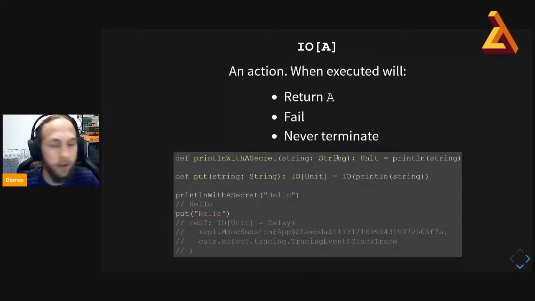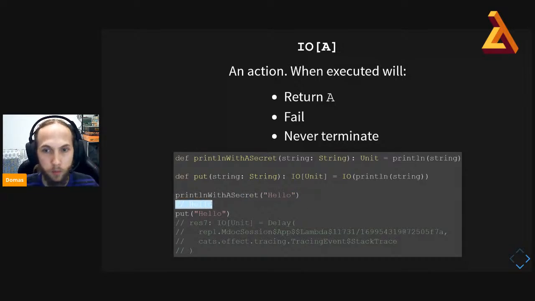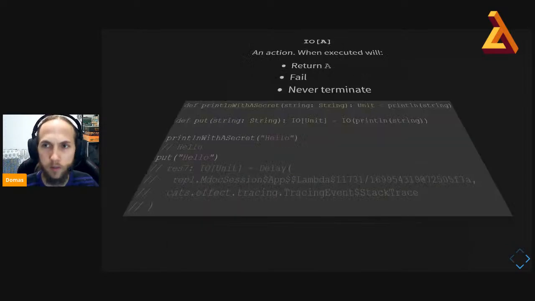In an imperative language, you would simply execute a piece of code, whereas in this type of functional encoding anyway, you would instead return an IO of Unit to represent an action that can be executed to perform this println. So where in the imperative example we simply print the hello, in our IO example you see we get no printing occurring here. Instead, we get this IO of Unit. And now we can execute this IO of Unit to actually print hello. We'll take a look at that in a couple of slides.